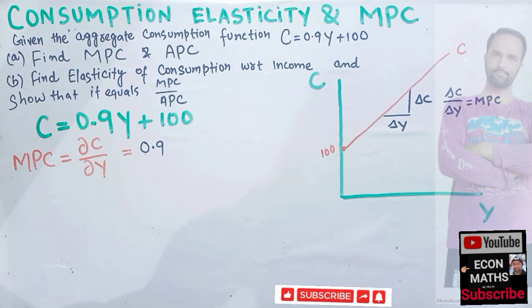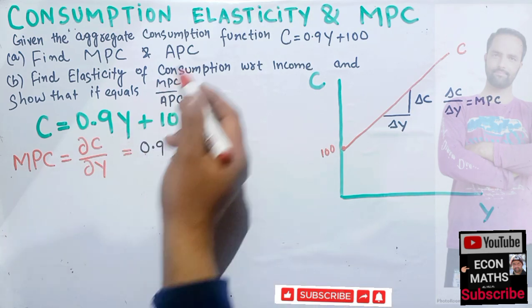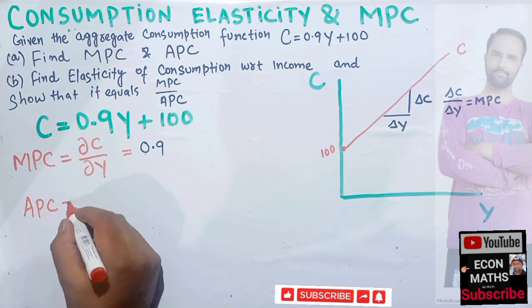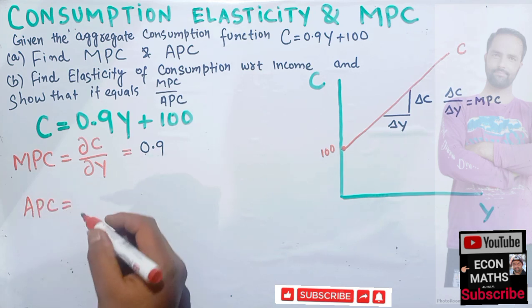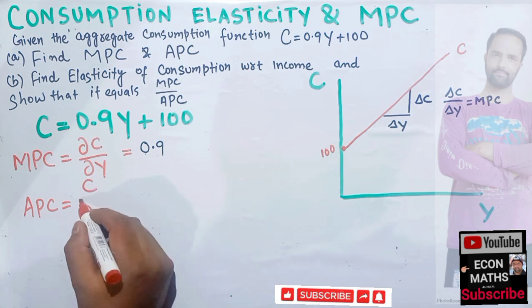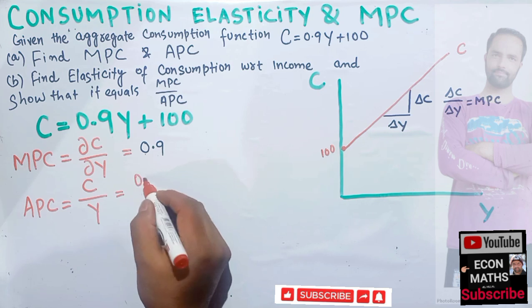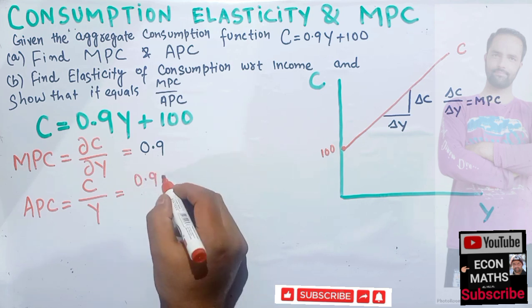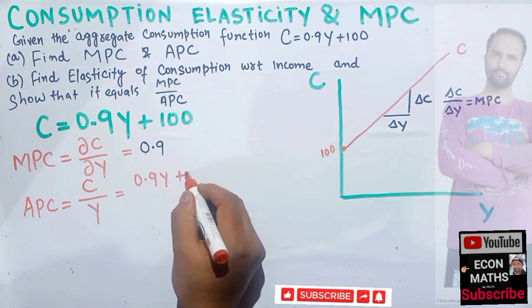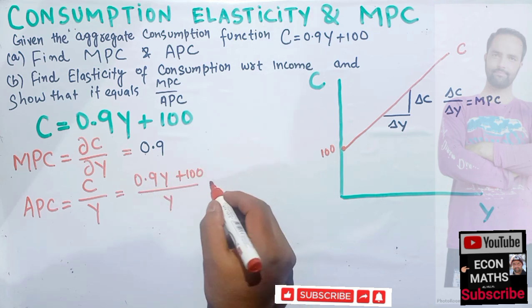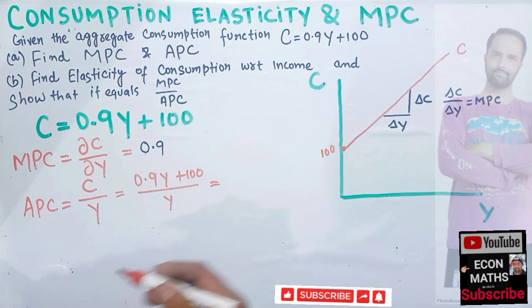And what is APC? APC is simply average propensity to consume. It is equal to our total consumption upon total income. And what is our consumption function? 0.9y + 100. If we divide it by y, we get what we call APC.